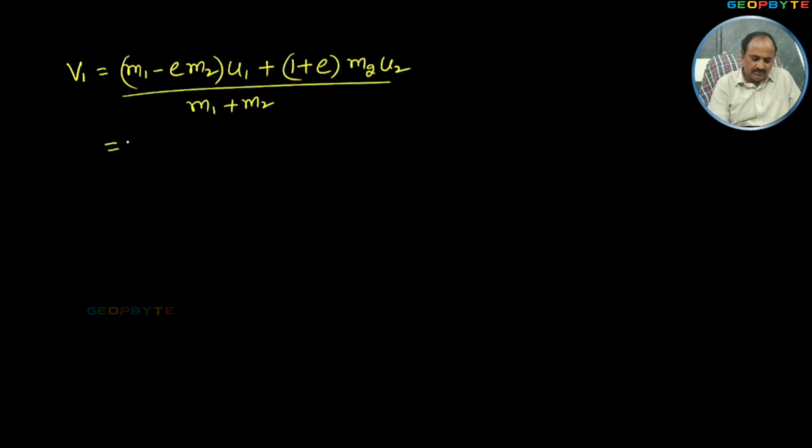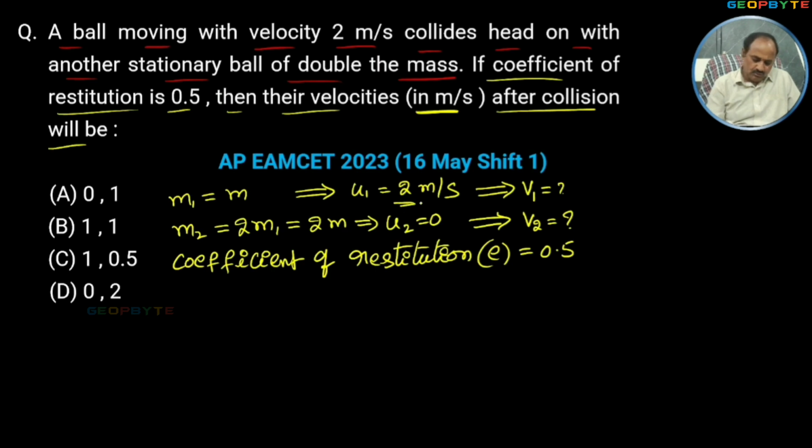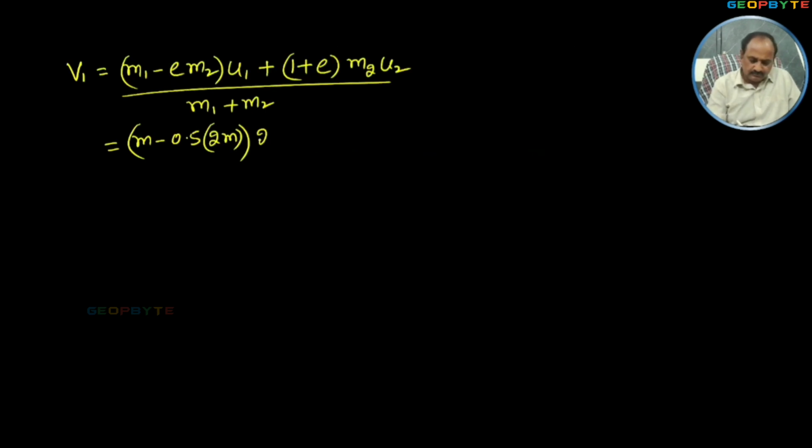Let us substitute all values. m1 is m minus e value given 0.5, m2 is 2m, multiplied by initial velocity u1, u1 is 2 meter per second, plus 1 plus 0.5, m2 is 2m, u2 given 0, dividing by m1 plus m2, means m plus 2m.